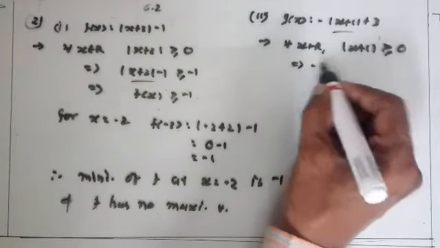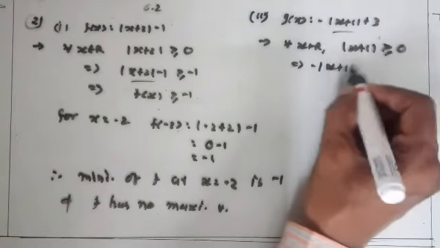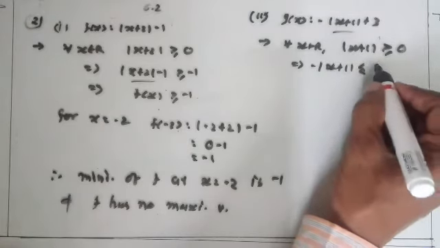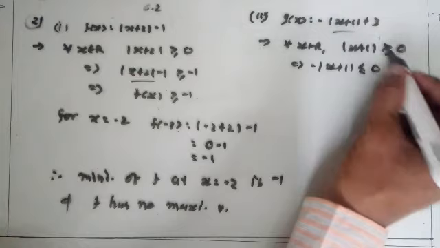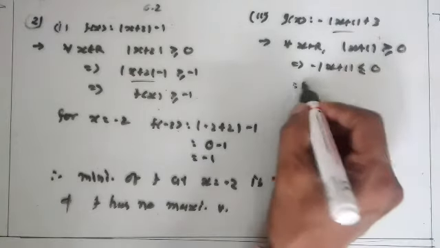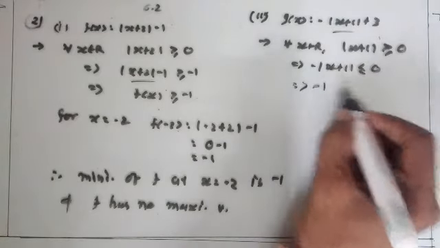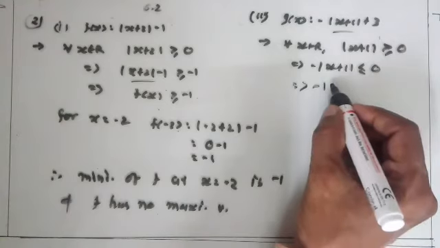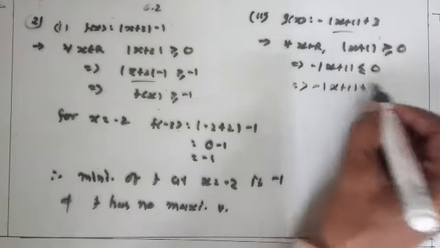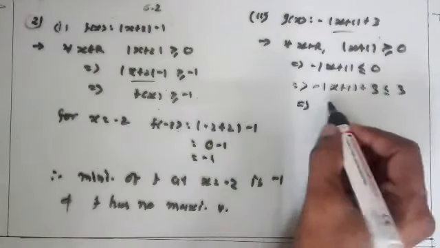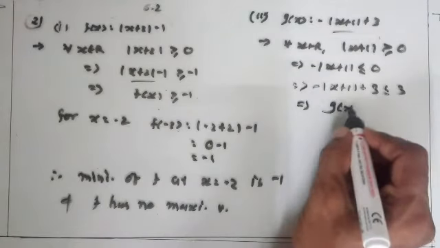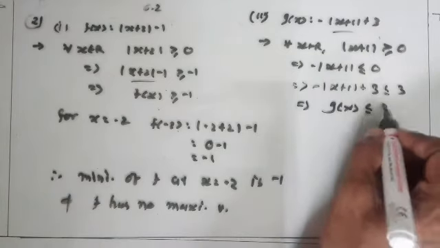This implies -|x + 1| is less than or equal to 0. Multiplying by a negative sign, the inequality changes. Now add 3: -|x + 1| + 3 is less than or equal to 3. So g(x) is less than or equal to 3.